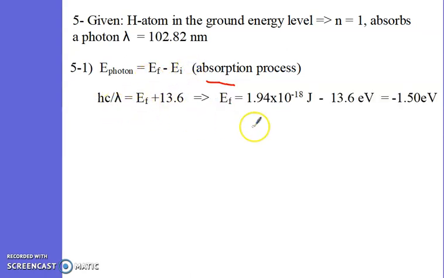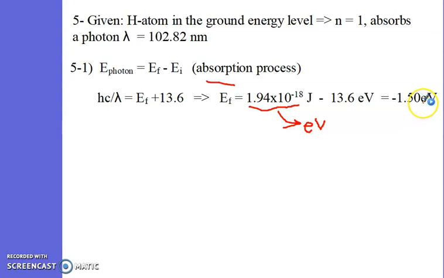So do the calculation and don't forget to change this into electron volt. Many students forget to change because the unit here is electron volt and the unit here is joule. So change joules into electron volt by dividing by 1.6 times 10 to the minus 19.